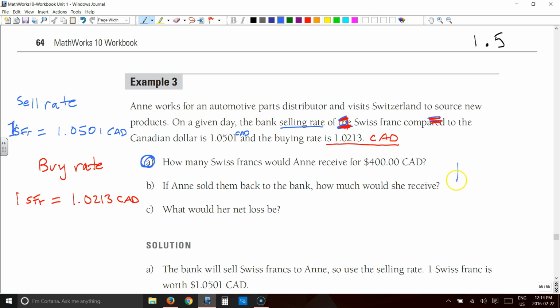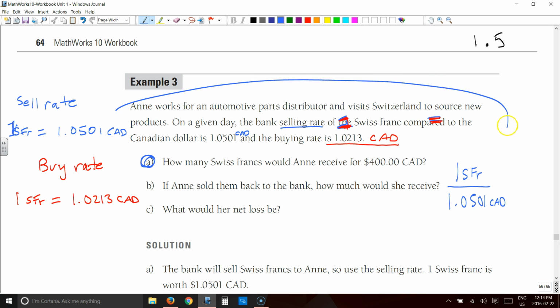So we're going to say 1 Swiss franc compared to 1.0501 Canadian. There is our exchange rate. Over here, it's simply been written in the form of a fraction. First, you want to write the exchange rate, then you want to write it as a fraction, then create a proportion as the third step.